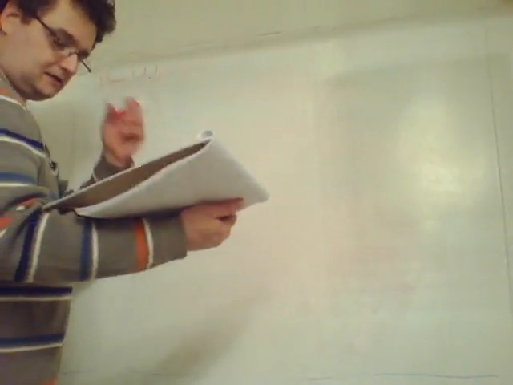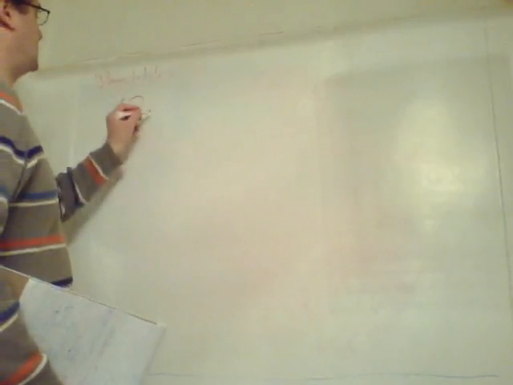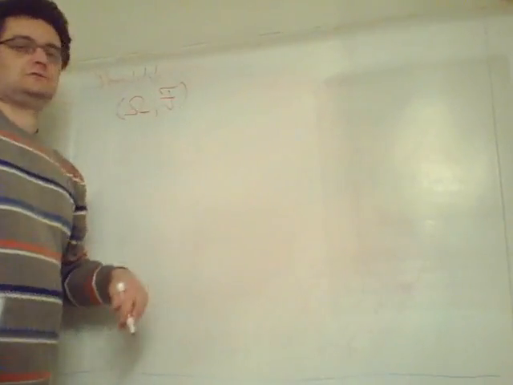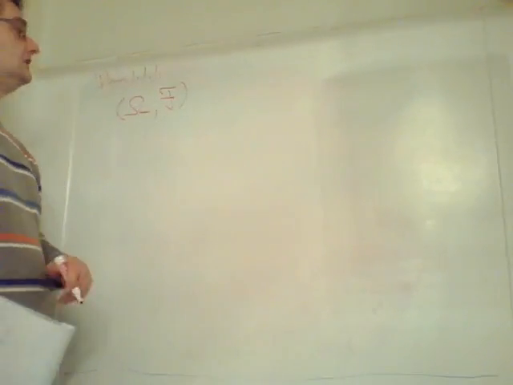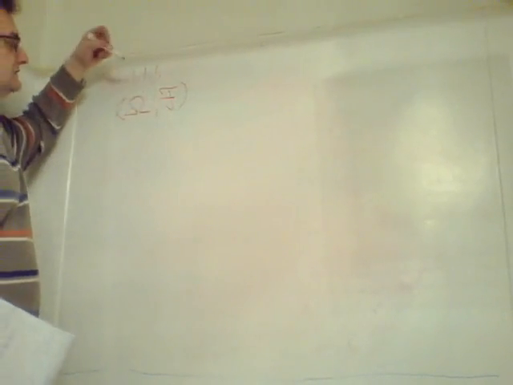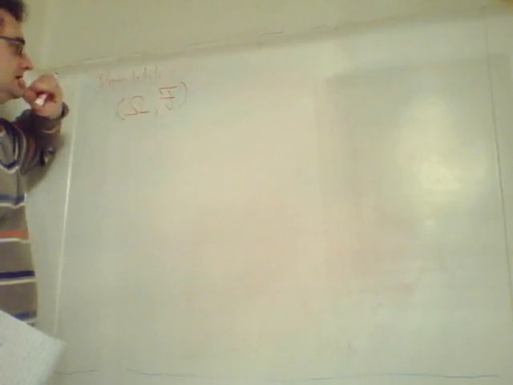So it says that if you have a measurable space, omega, F, so that means omega is some set and F is a sigma field on omega, which means some collection of subsets of omega which makes a sigma field.